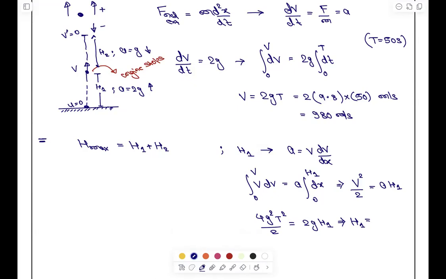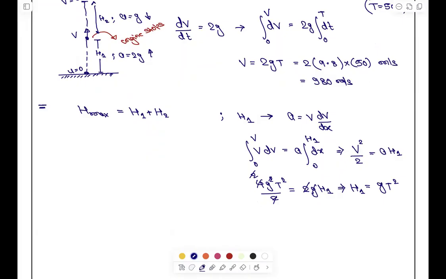If you're able to understand like this, let me know in the comment section. I will trim some of the calculation. This is what I am doing just to make you understand how it will be solved. This is 2, this is g, and so we can simply write that h1 is equal to gt square, as the 2s cancel out. So that is h1.